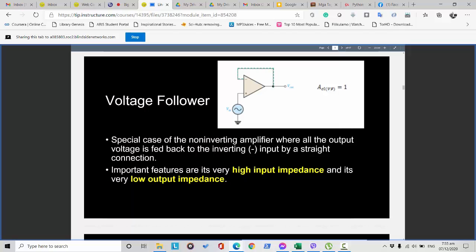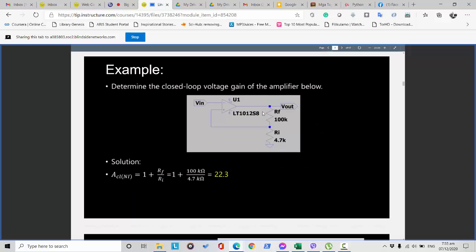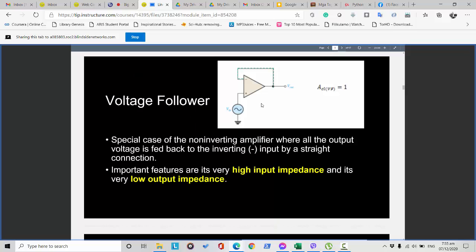As I have mentioned a while ago, the non-inverting amplifier, such as this one, behaves like a voltage follower circuit. The voltage follower is typically the same as the circuit of the non-inverting amplifier.